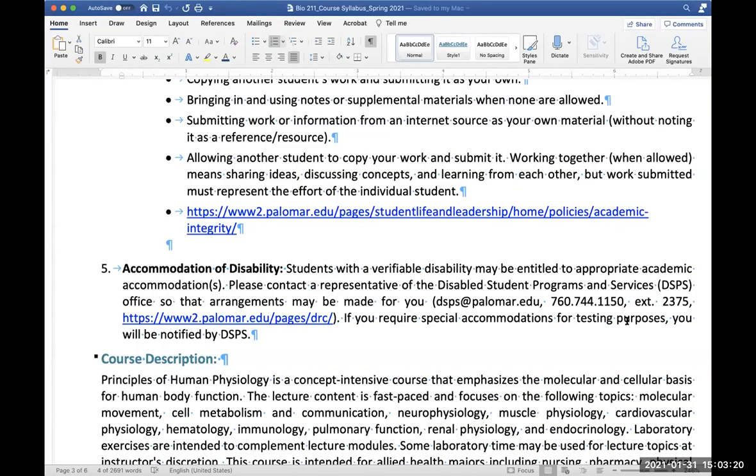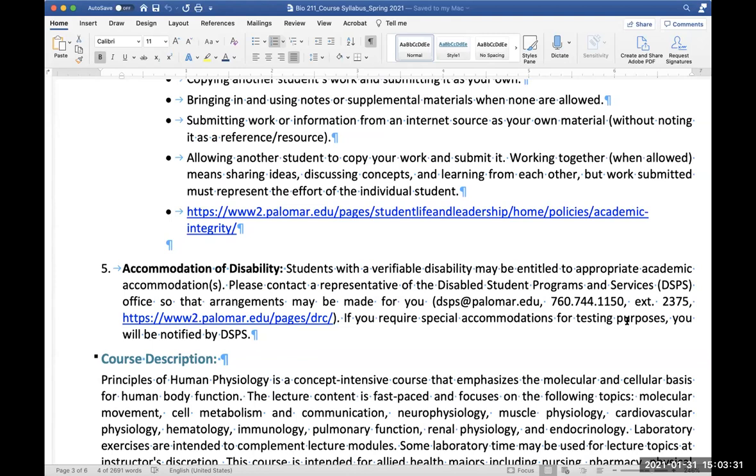So I just want you to know that there are services available, and that this just means that it's providing a fair environment for everybody involved. Okay. The Disabled Student Program and Services Office does not tell instructors any information about what the medical or psychological issue is.